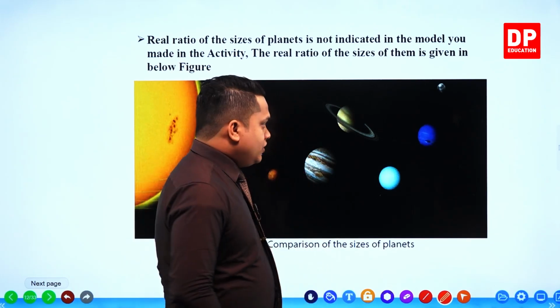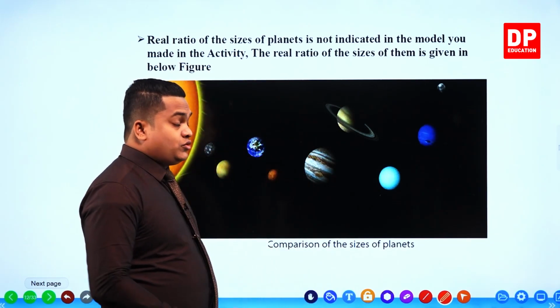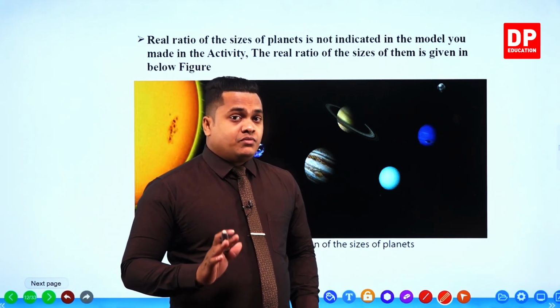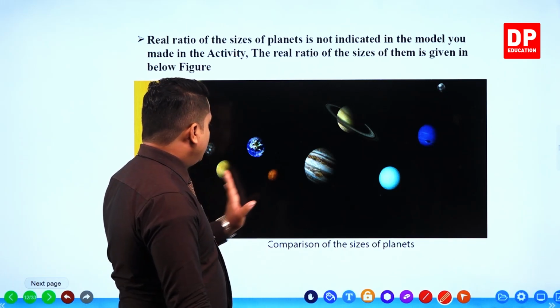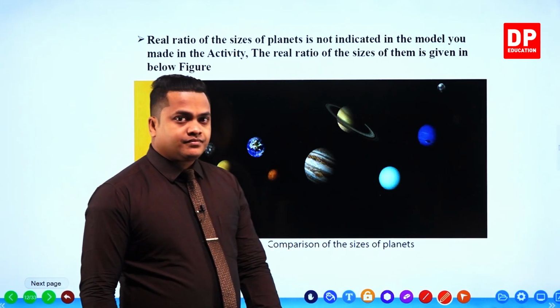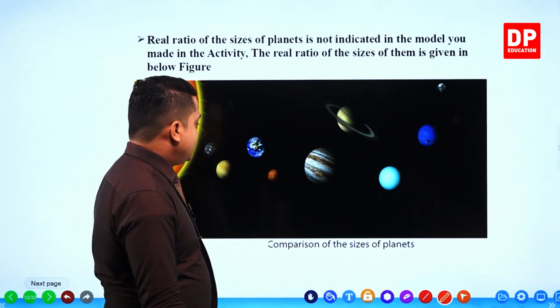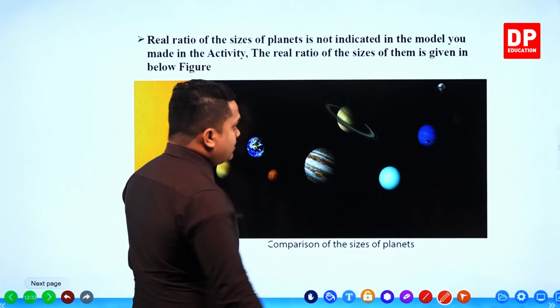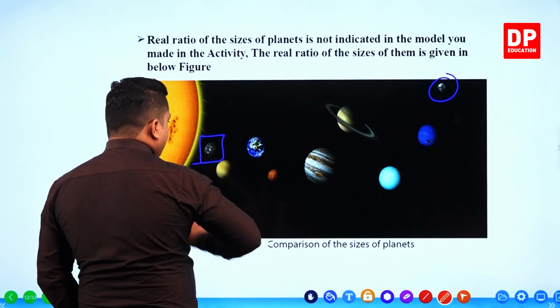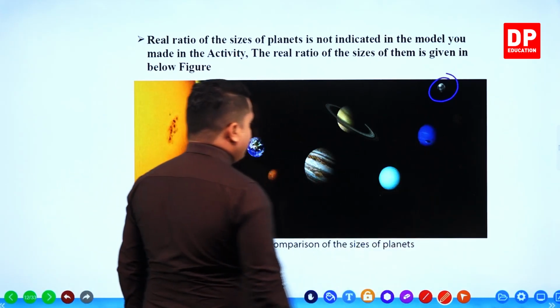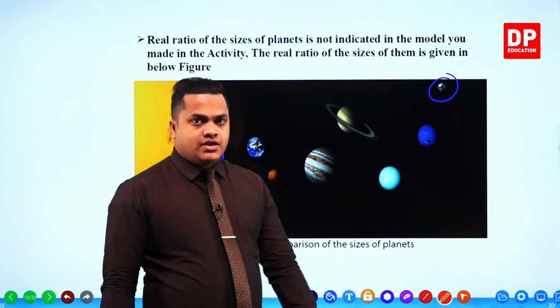Okay, so this is the comparison of the sizes, no? By looking at that you can get a certain idea about the planets. If you consider Pluto and Mercury over here, as you can see, Pluto is even smaller than Mercury.